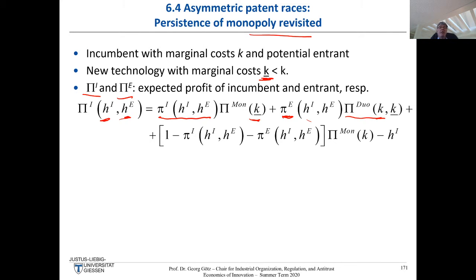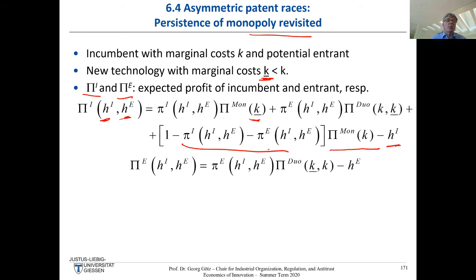But now if I have uncertainty, if I have to develop this vaccine on my own, either I get it, that was the first part, or my rival gets it, or no one is successful, and this is this probability. Okay, with some probability, no one of the two is successful, and I still keep my monopoly position based on the old technology. Minus, of course, my R&D cost. Should be clear, hopefully.